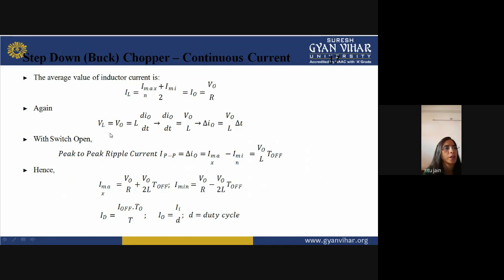Again, VL, this is your load voltage, sorry, inductor voltage, which is equal to your output voltage, and the inductor voltage can be written as L di naught upon dt.